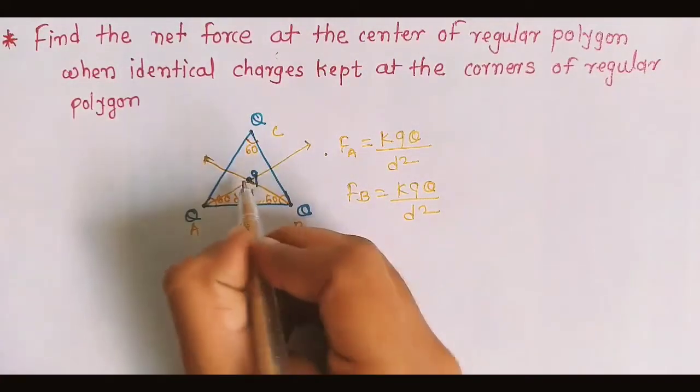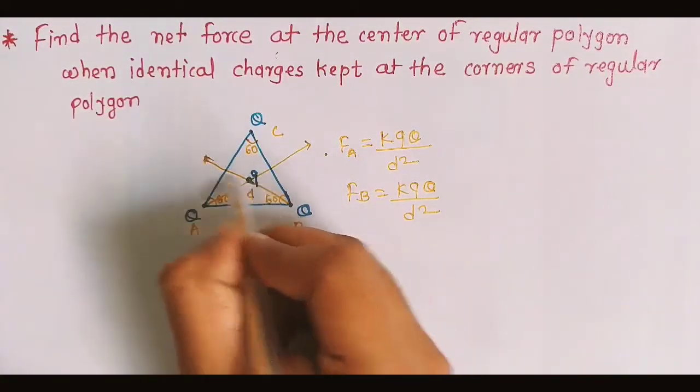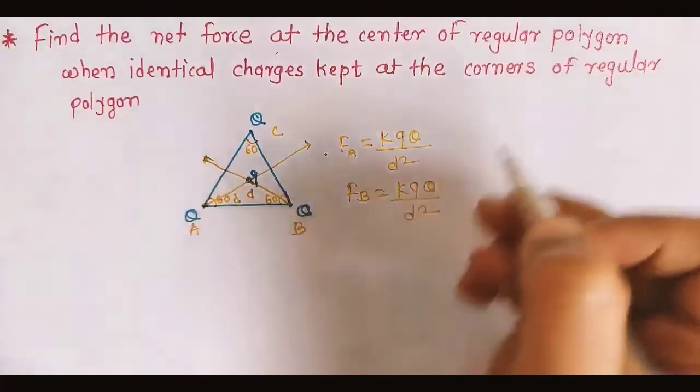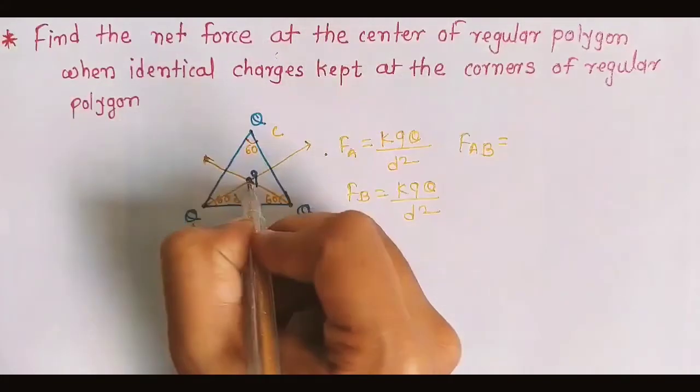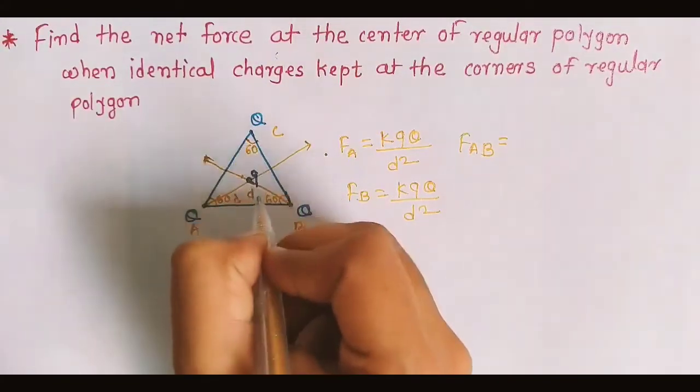And the resultant of these two forces Fa and Fb, the resultant is Fab.